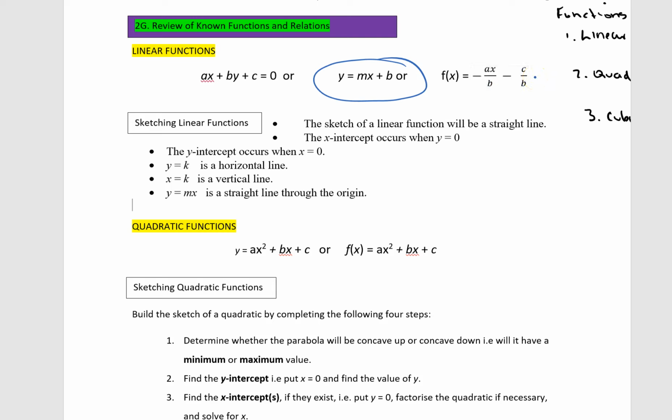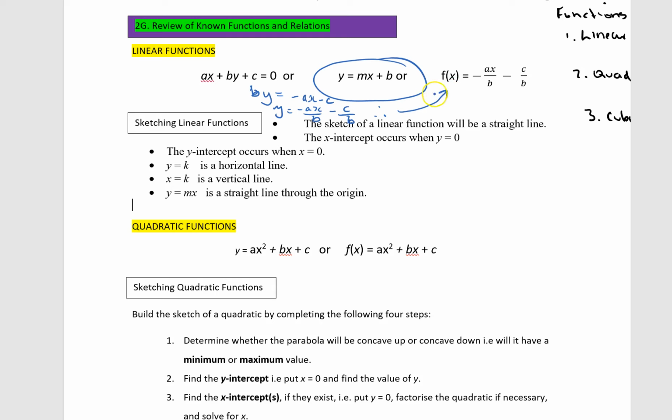And you might be wondering where that came from. It simply came from making y the subject. So I'll pause the video and do that. So you can see there I've just put in a couple of steps, making y the subject, moving things to the other side of the equal sign, and then replacing y with f of x.